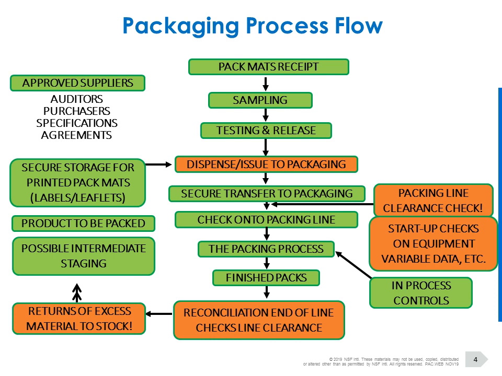And then moving through into the packaging process with the finished packs coming through with various in-process controls. They tend to be fairly well defined. And then at the end doing a reconciliation, the line clearance again, and return of the excess materials to stock. And clearly those are particular problem areas to make sure they go back to the right areas.